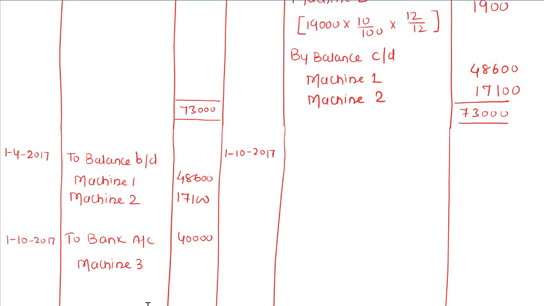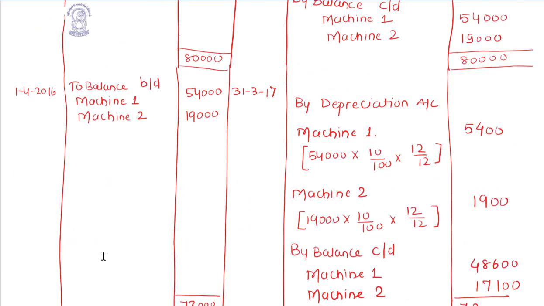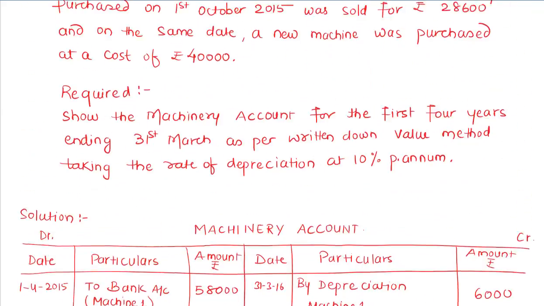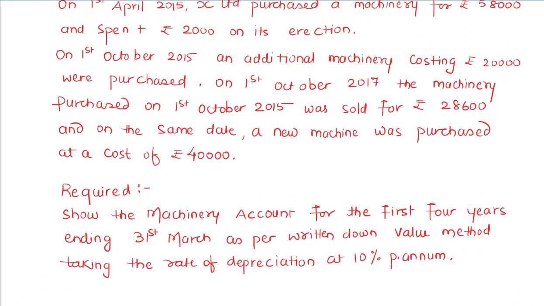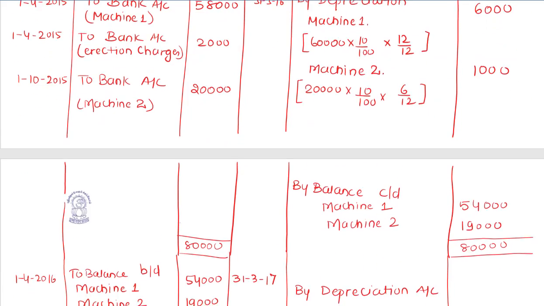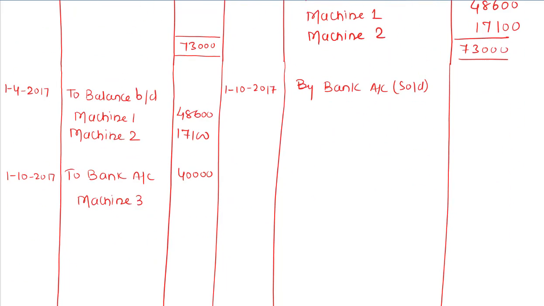We have sold this machinery on 1st of October 2017, by bank account, machinery sold. We have sold it for 28,600. We need to calculate depreciation.